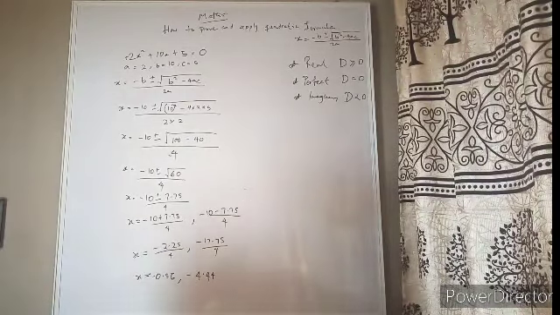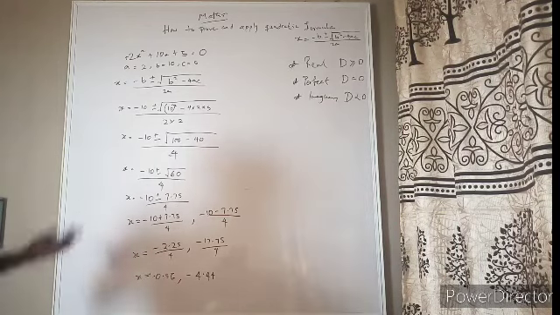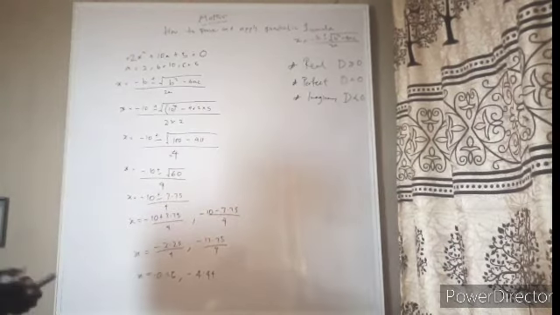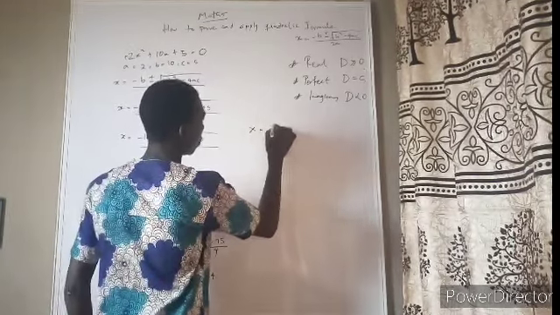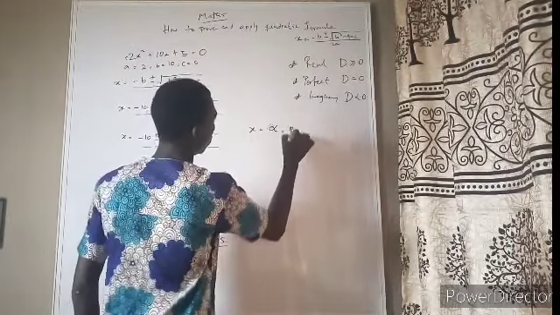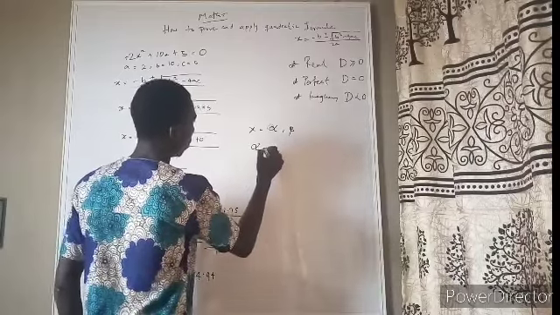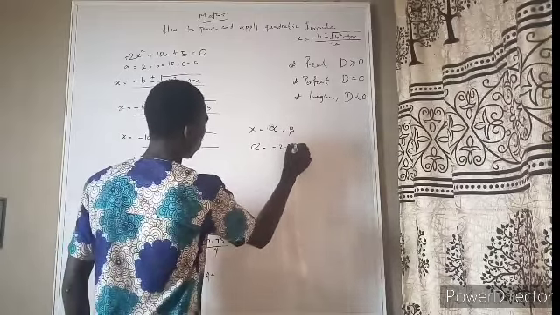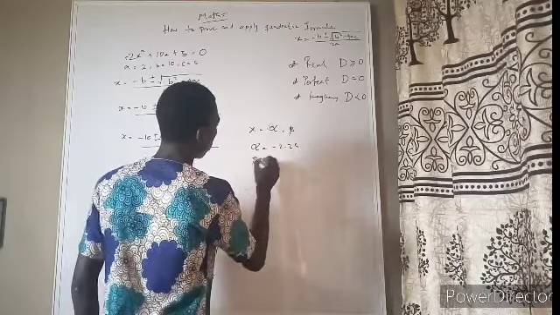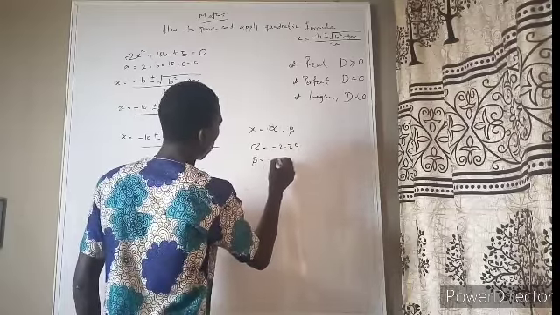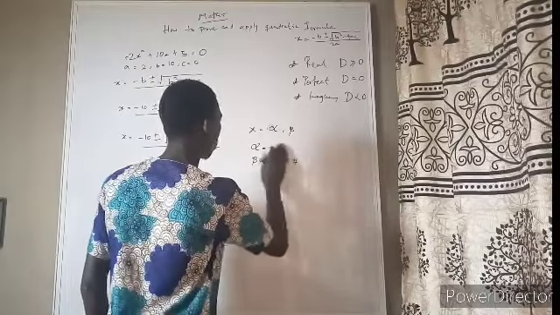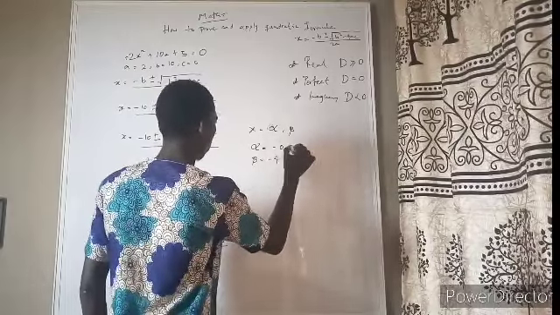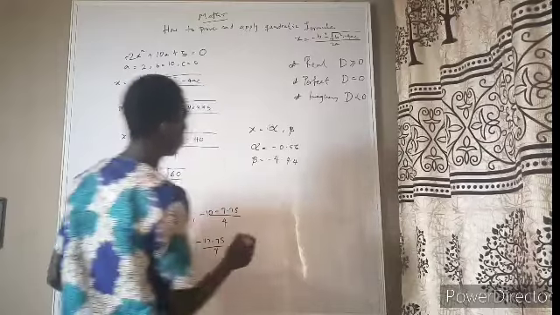These are the values of our x. Normally a quadratic equation is known to have two roots, alpha and beta. So my alpha equals minus 0.56 and my beta equals minus 4.44.